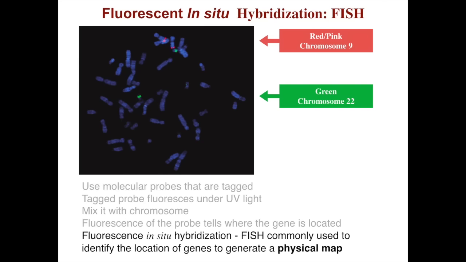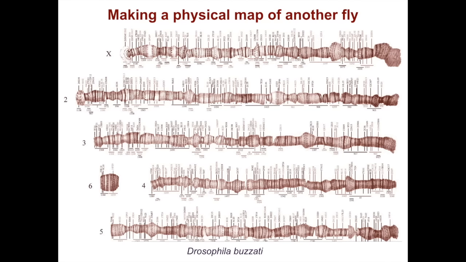Fluorescent in situ hybridization has been used many times to identify the location of genes to generate a physical map. Here's an example from another fly, Drosophila busckii. This one has 6 chromosomes.